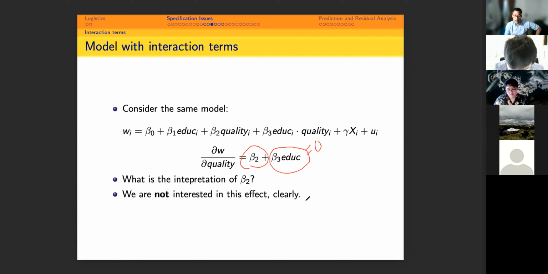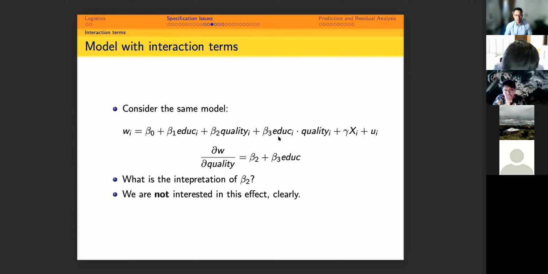So again, we're not interested in the effect of quality among individuals who do not go to school. So this is going to be a problem if you just run a regression of education, quality, and the interaction of education and quality in general. The interpretation of beta 1 and beta 2 straight out of the regression output is not going to be informative.